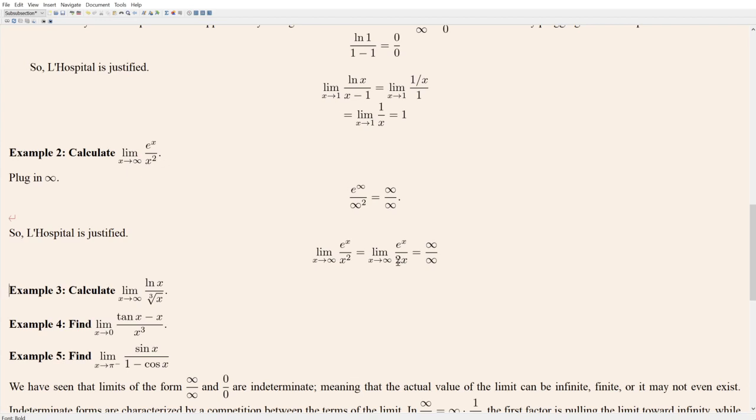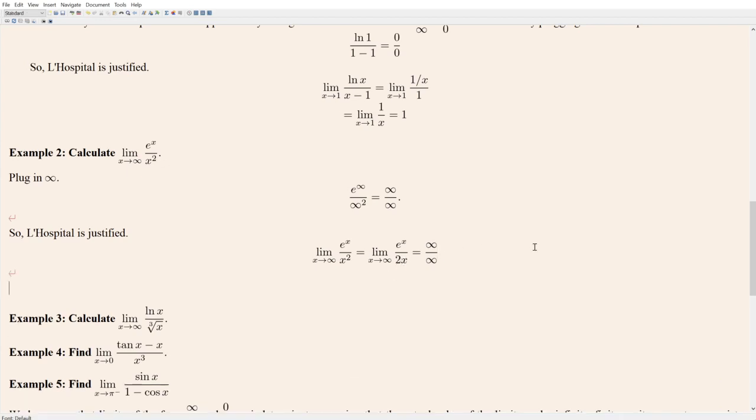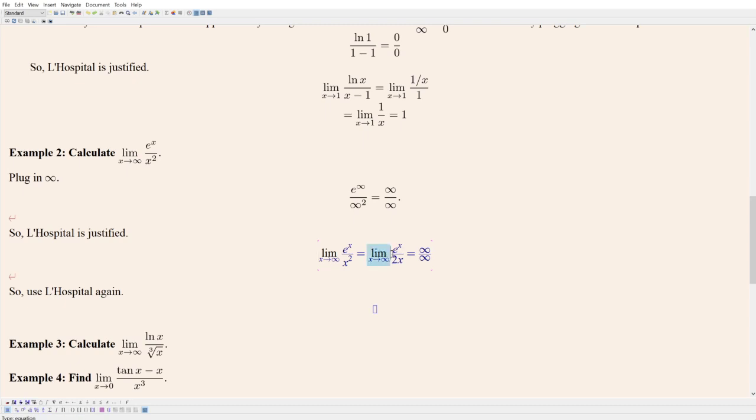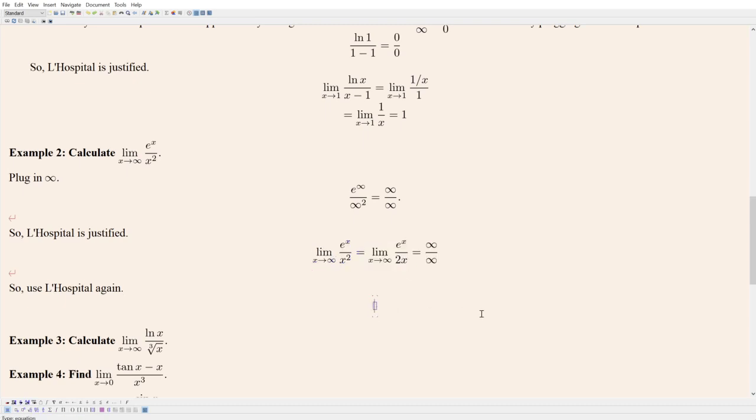Right? E to the x explodes, 2x also explodes. So we need to use L'Hopital again. That's easy enough. You know, you may need to use L'Hopital many times, but that's fine.